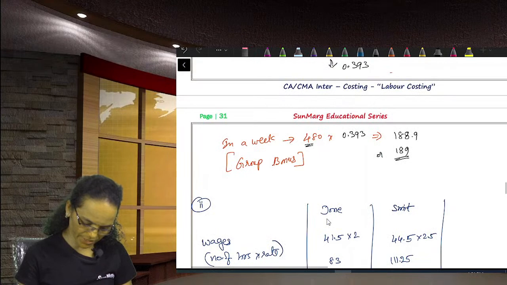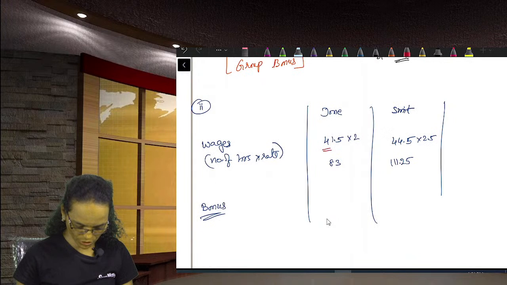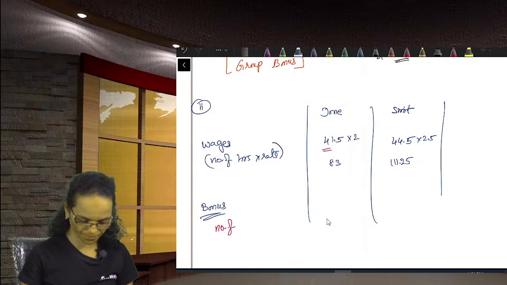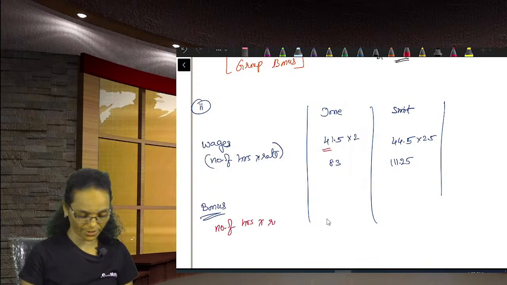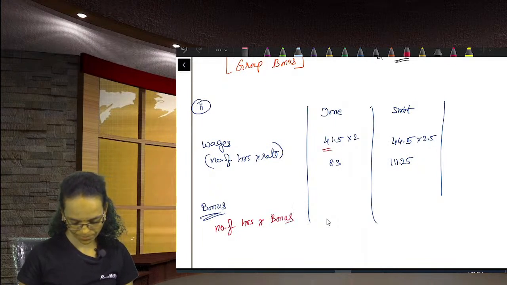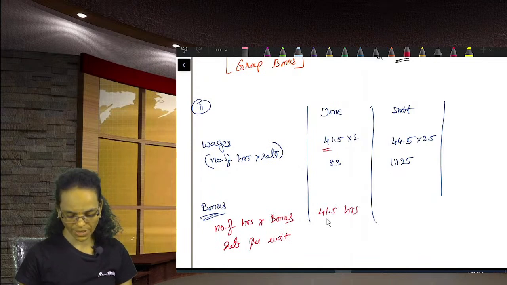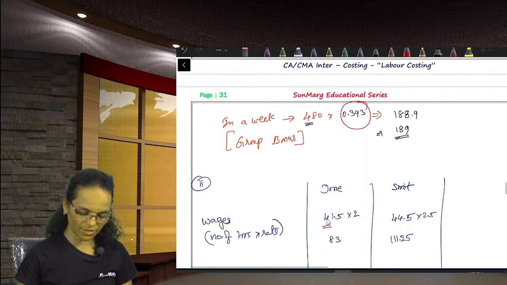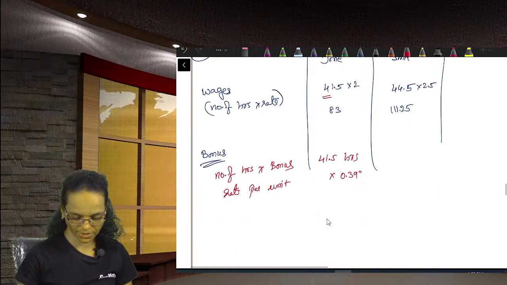And bonus: number of hours worked into bonus rate per unit. 41.5 hours he worked, and the bonus rate per hour is 0.393.